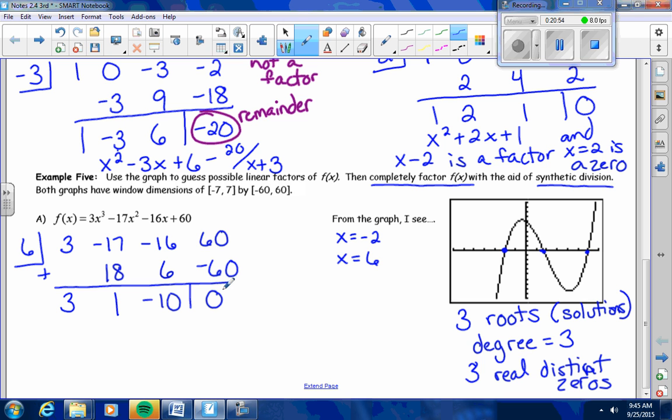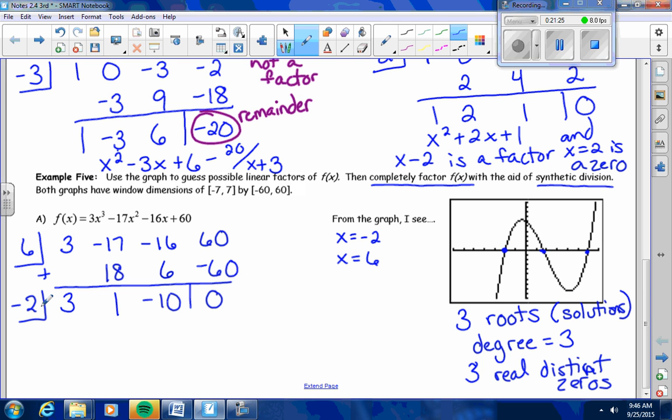Now we need to use the result with the next 0 that I found. The next 0 was x equals negative 2. So I use the 3, 1, and the negative 10, and in front of that, I'm going to put the negative 2, and I'm continuing to use the synthetic division to break this polynomial all the way down. Question? If you do it negative 2 first, you would have got different numbers.